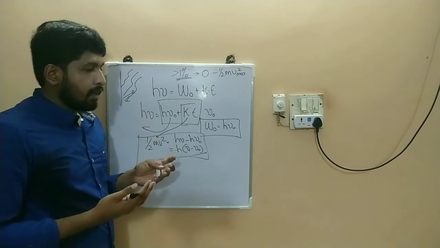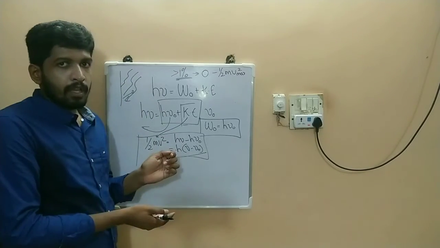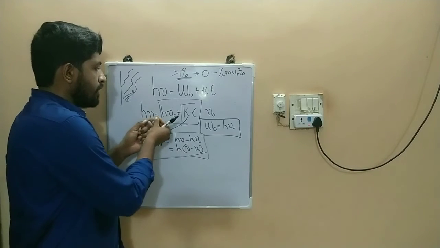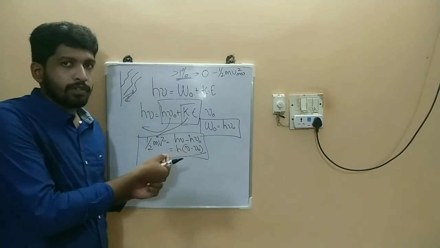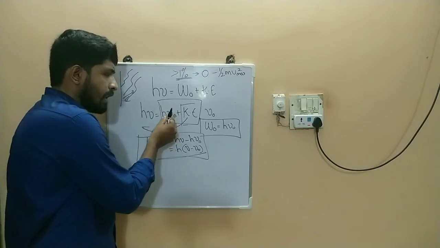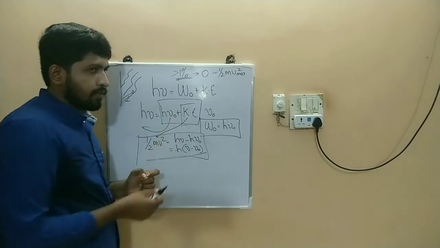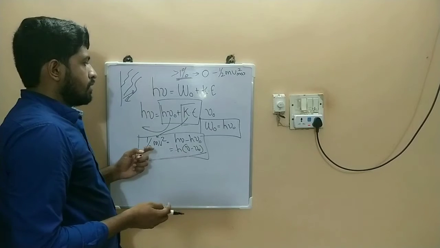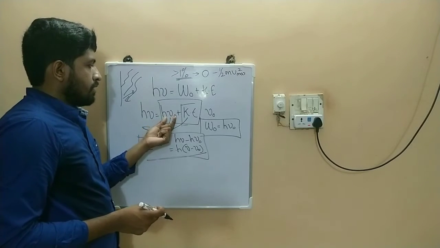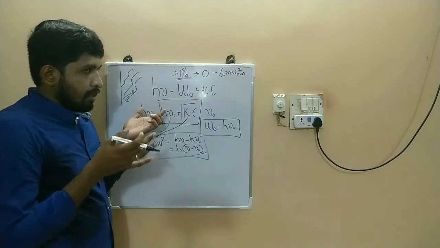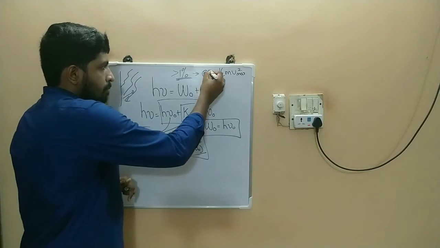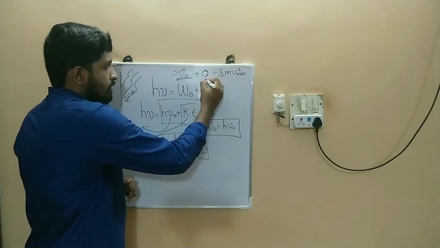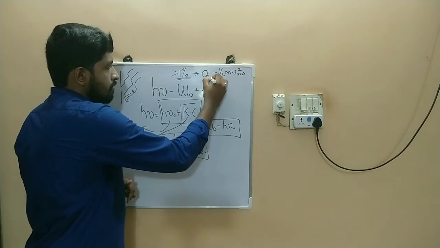Suppose the collision is not proper and it can give a certain energy which may be equal to the work function or slightly greater than the work function. So if it gives only the work function, the electrons get emitted, but the kinetic energy possessed by that electron is almost zero.